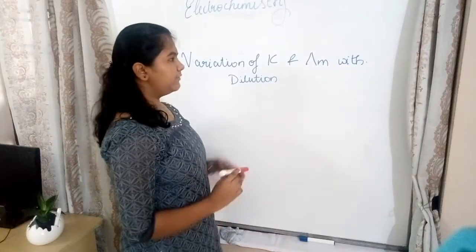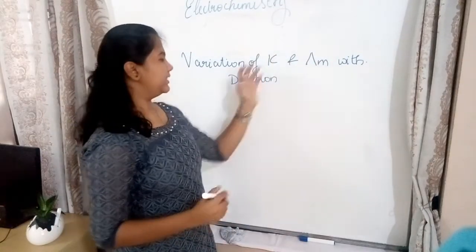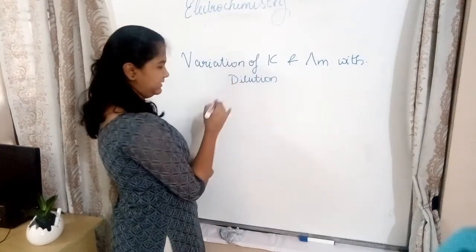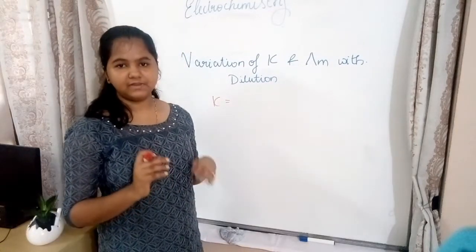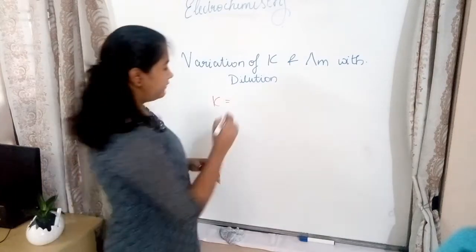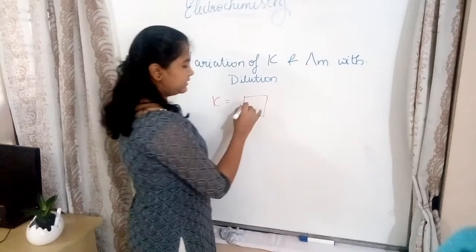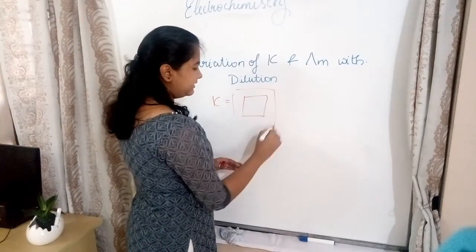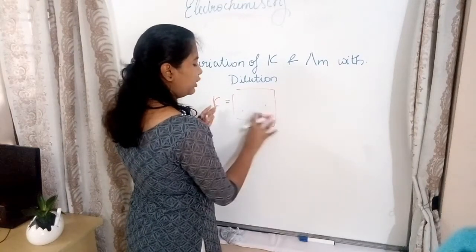Let's see that. So variation of kappa and molar conductivity with dilution. We'll see about kappa first. Kappa is defined as the conductivity of 1 centimeter cube of an electrolyte. So if the electrolyte was this much and the conductivity was some value, and water is added, the volume increases. What would happen when the volume increases?